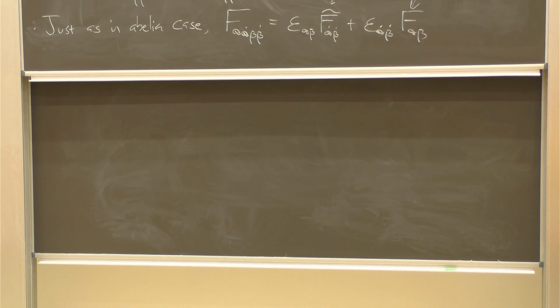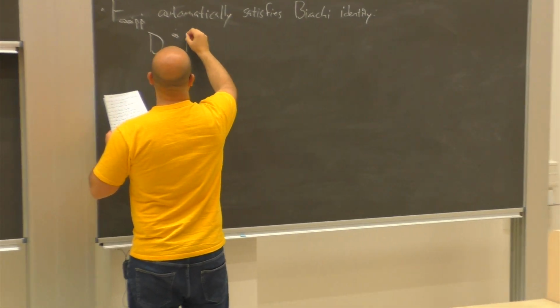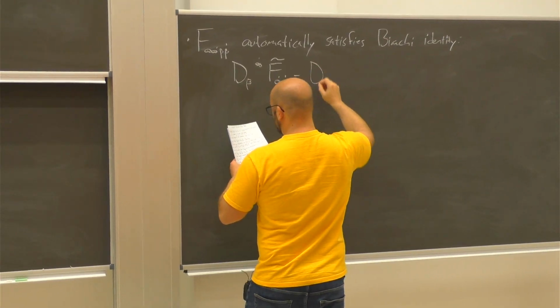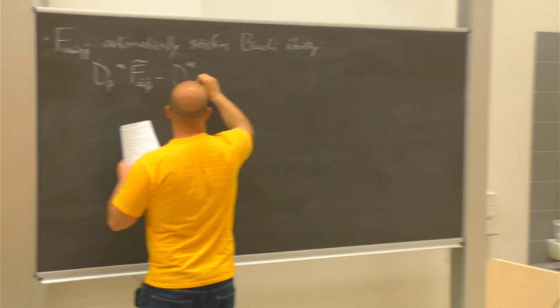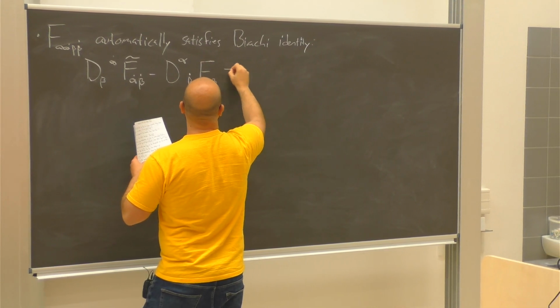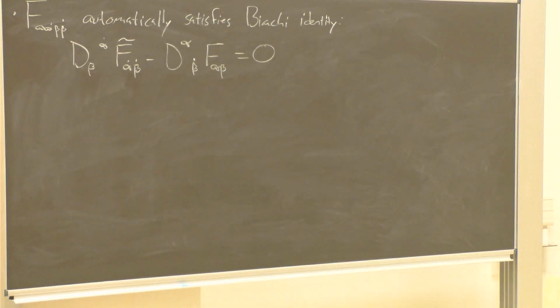It's just ∇_β^{α'} F̃_{α'β'} minus ∇_{α}^{β'} F_{αβ} is equal to 0. So we get that for free. That's not a dynamical equation.